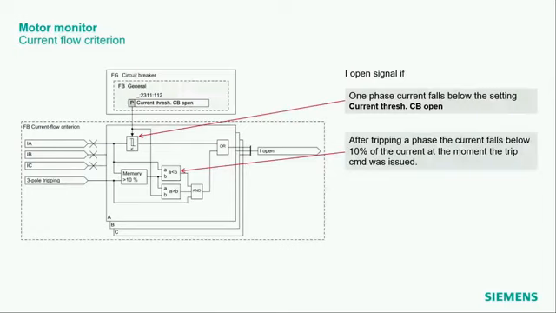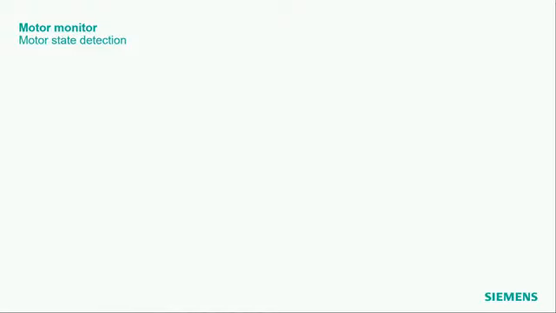So it's a relative criterion, whereas here I have an absolute criterion, a threshold as such. And then the function group circuit breaker or the protection device as such decides, okay, circuit breaker is open. So this is the open detection.